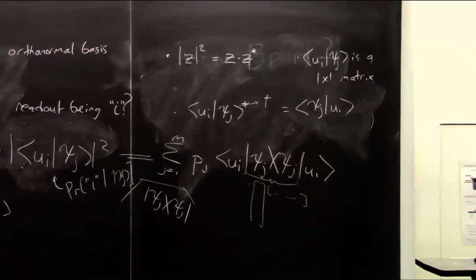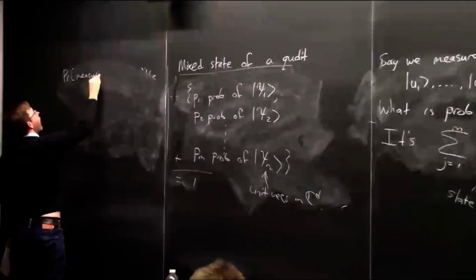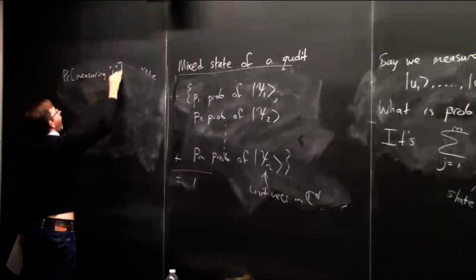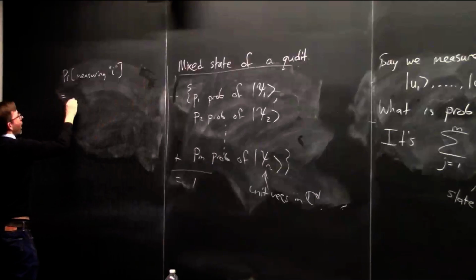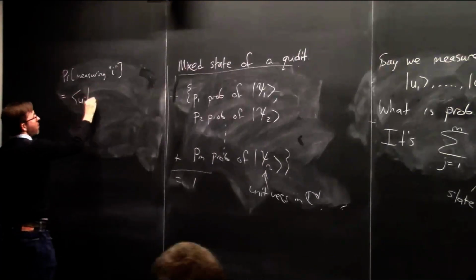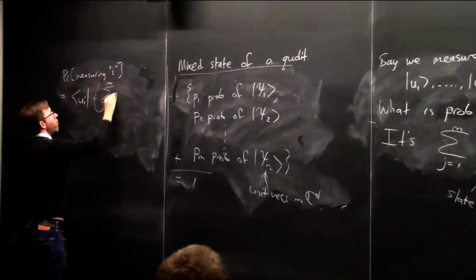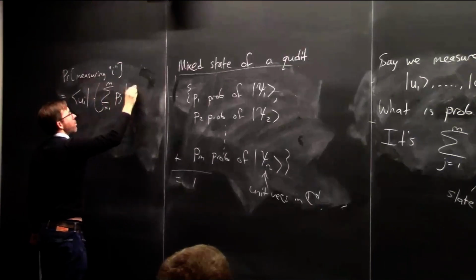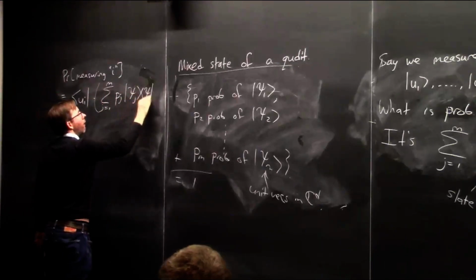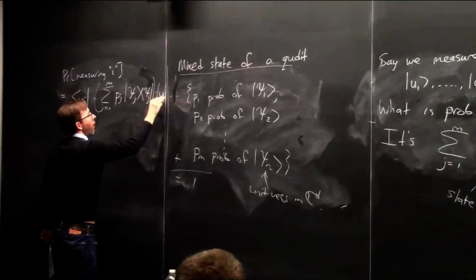And so we conclude from this little math trickery that the probability of getting your readout to be I is ui, a row vector, times this matrix, the sum j equals 1 to m of pj times this projection matrix, times the column vector ui.